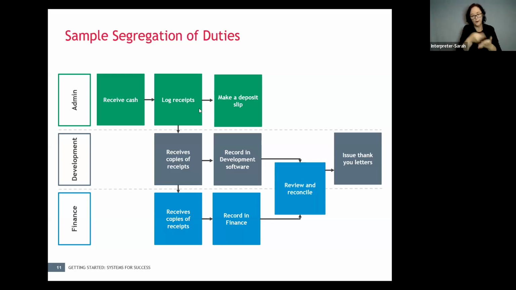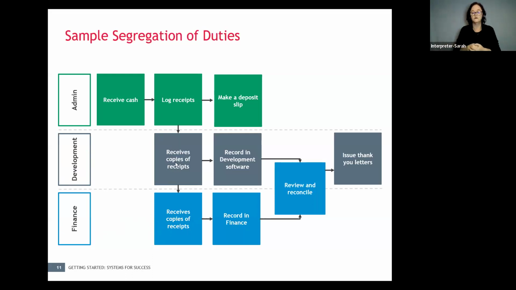That admin person is then logging receipts or logging that data in whatever way the organization needs them to, and making the deposit slip. Notice that they forward the receipts to the development department or staff or individual that handles fundraising, and to the department or staff or individual that handles finance.